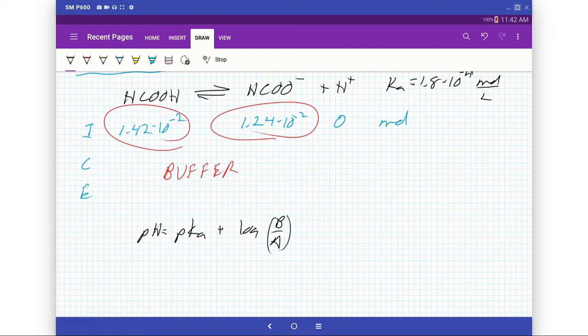And the pKa is 3.752 from our Ka value. And remember from last day, we showed that the mole ratio was the same as the concentration ratio. So this is the mole ratio of 1.24.